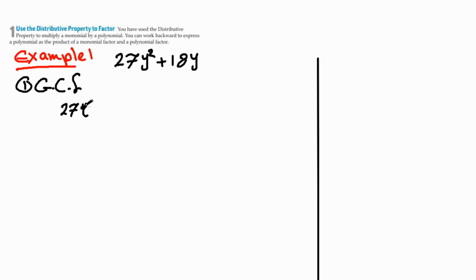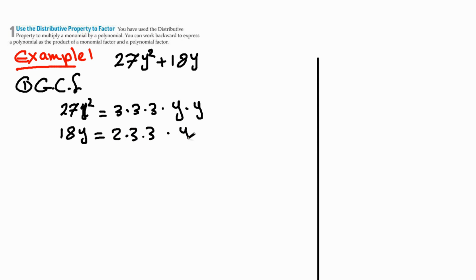27y to the power of 2 is equal to 3 multiplied by 3 multiplied by 3 multiplied by y multiplied by y. And 18y can be written as 2 multiplied by 3 multiplied by 3 multiplied by y.